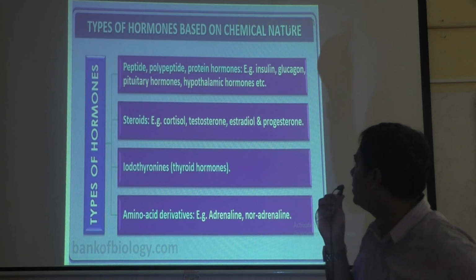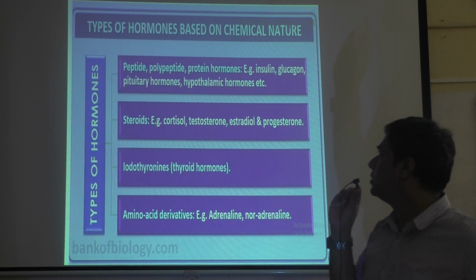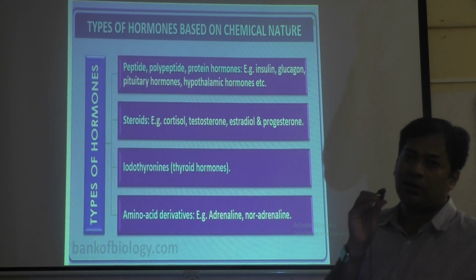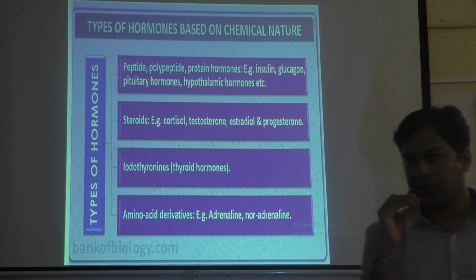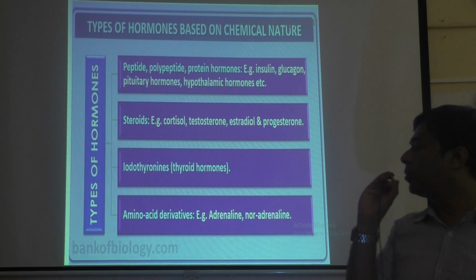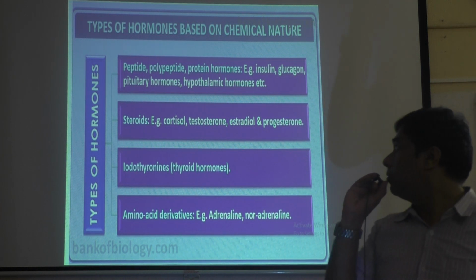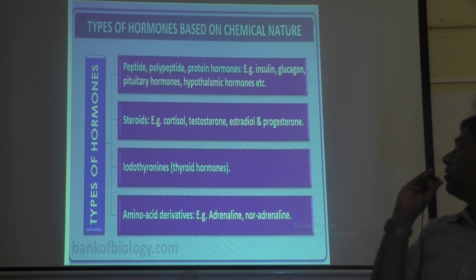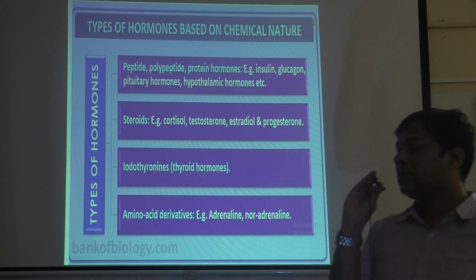They contain protein. Insulin, glucagon, pituitary hormones, hypothalamic hormones, all these hormones are peptide hormones, that is protein hormones. First type is protein hormones. What all are protein hormones? Insulin, glucagon, pituitary hormone, hypothalamic hormone, all these are peptide hormones.